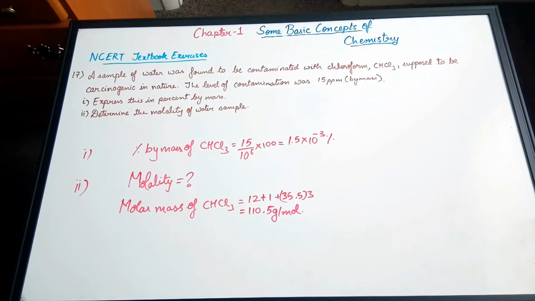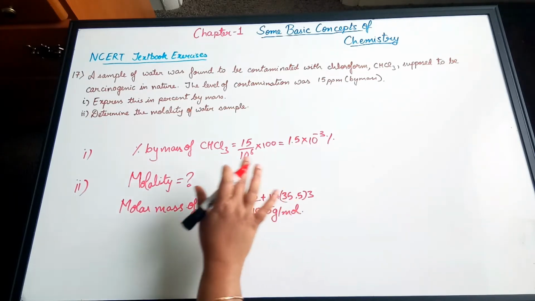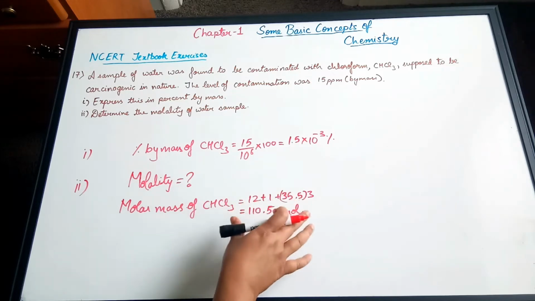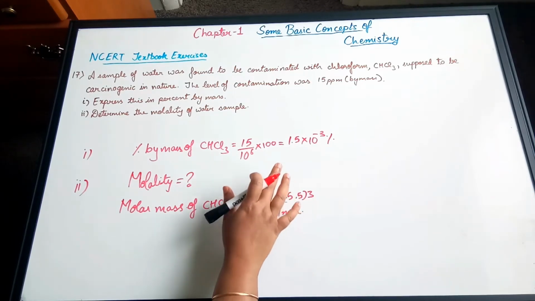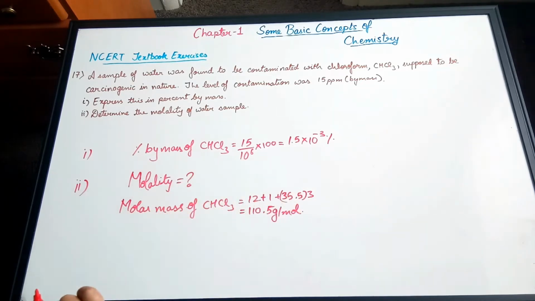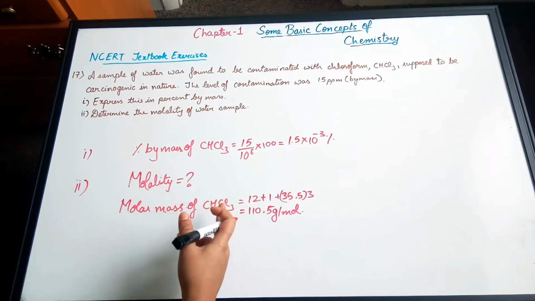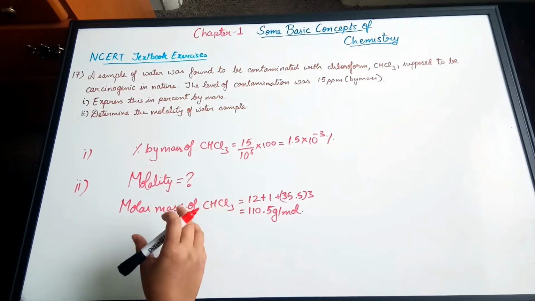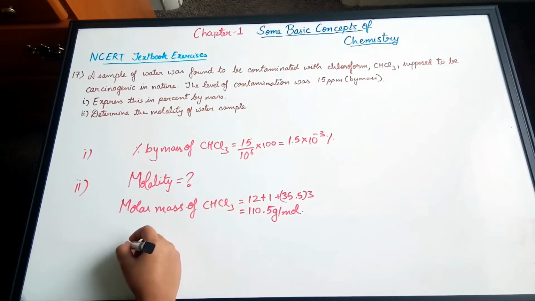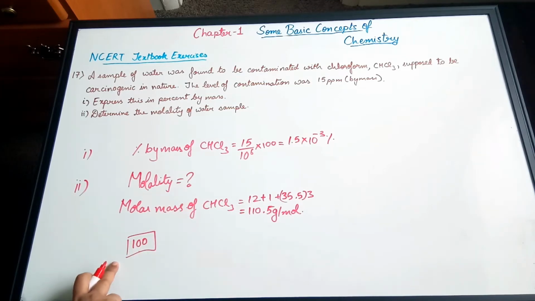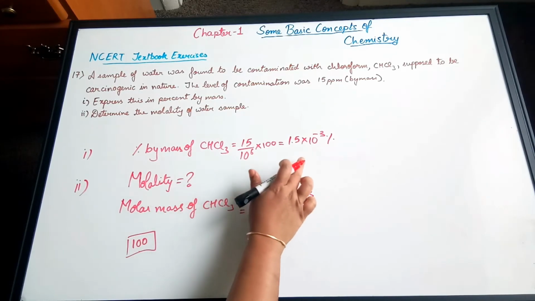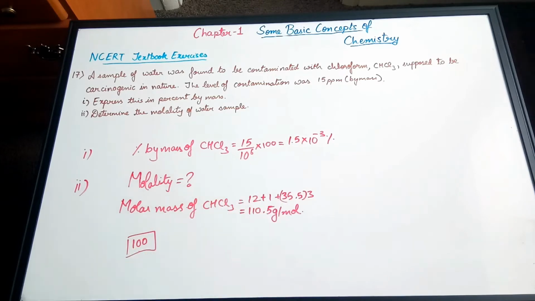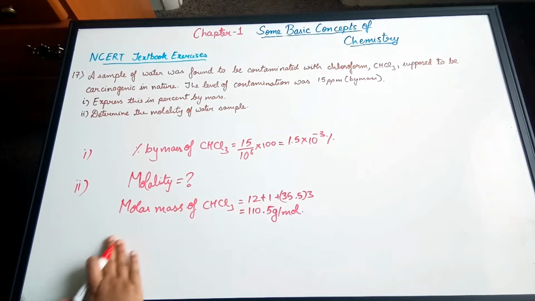Now, to calculate the moles of CHCl3, we have to divide the mass by the molar mass. Here we are taking the percentage by mass of CHCl3 because we are assuming 100 parts. We are taking 100 parts of water, and in 100 parts of water, we know that 1.5 into 10 to the power minus 3 is the mass of CHCl3.